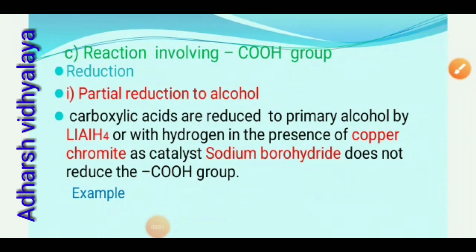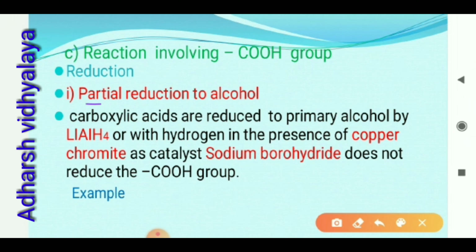The third reaction is reactions of carboxylic acid involving the COOH group. Here first see the reduction reaction. In that we have two types of reduction: one is partial reduction, another one is complete reduction. In partial reduction, carboxylic acids are reduced to primary alcohols by using the reducing agent lithium aluminum hydride, or with hydrogen in the presence of copper chromite.